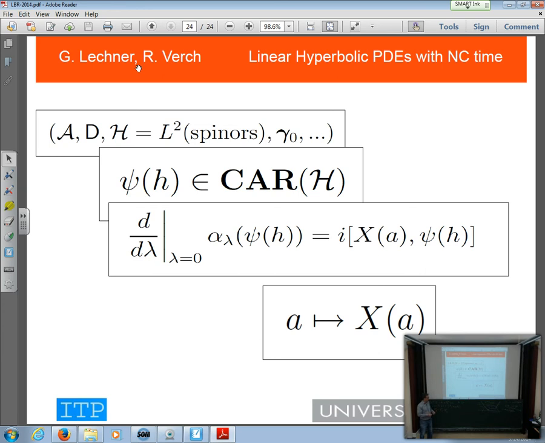We have calculated a little bit, and it looks like what you get out is a structure which is basically the same as you get when you deform the quantum field theory on Minkowski spacetime.